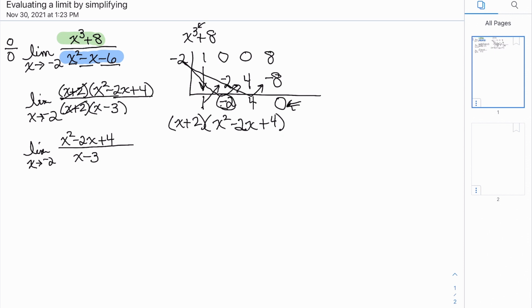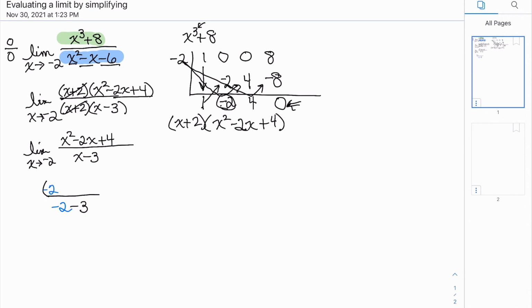So now as we put in negative 2 for the x, looking in the denominator first, I see that that is negative 2 minus 3, which gives me negative 5 down there. I don't get a 0 in the denominator anymore. So I can continue the process of plugging in the negative 2 for the x's throughout the expression in the numerator as well.